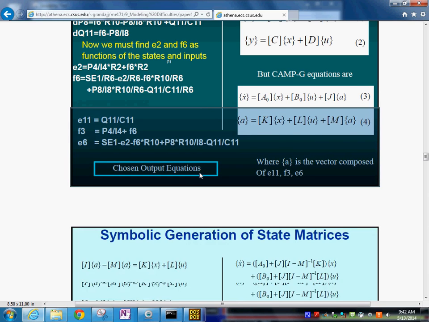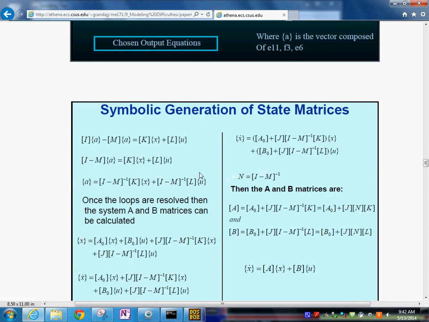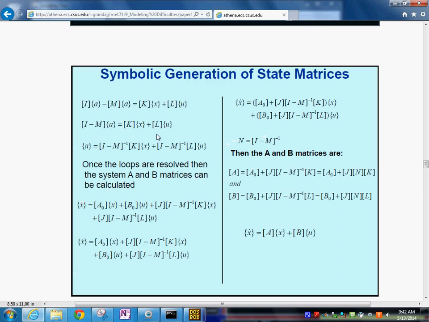So looking at this, I propose the following solution. Let's move that a to the other side, multiplying it by the identity matrix so that we can solve it with this M. And then you have K and L with the states and the input vectors.